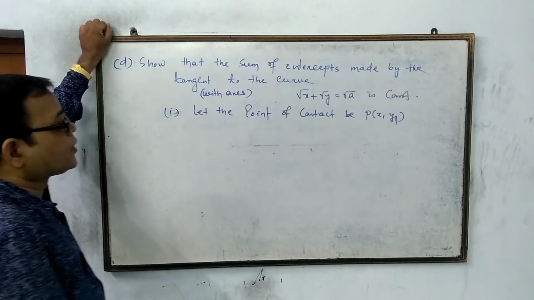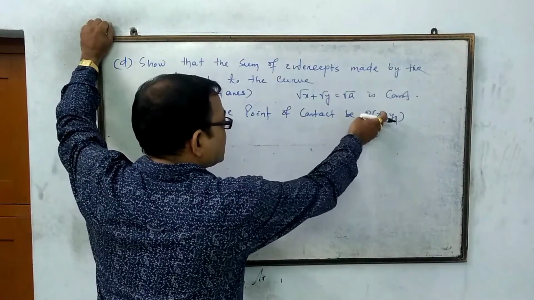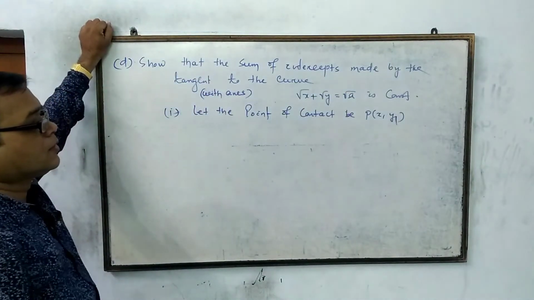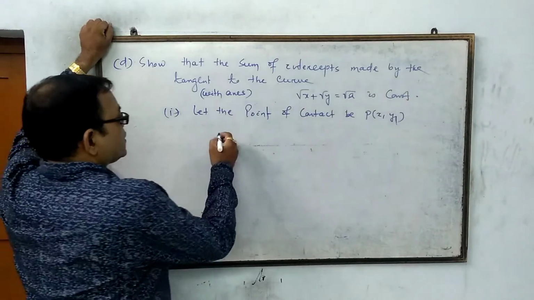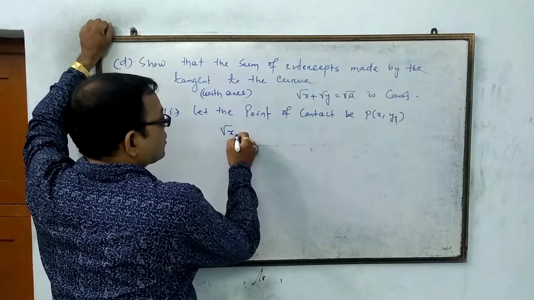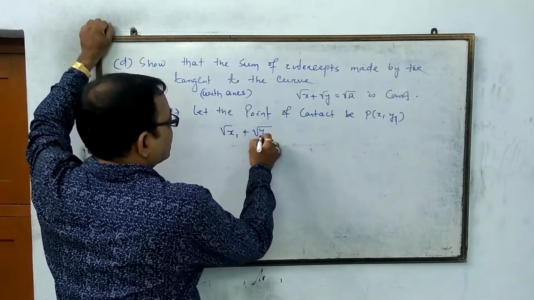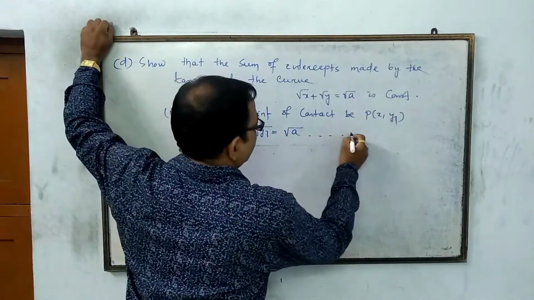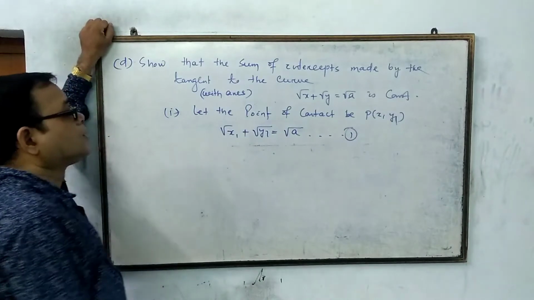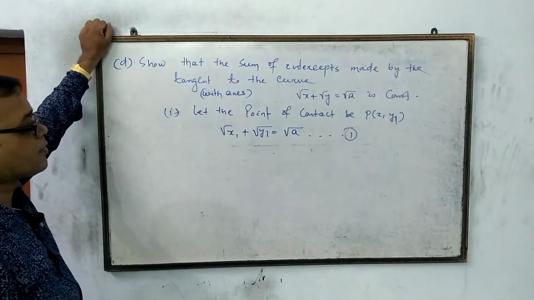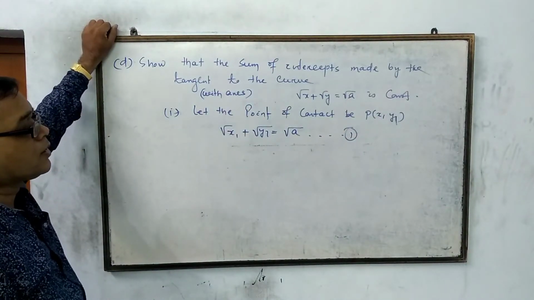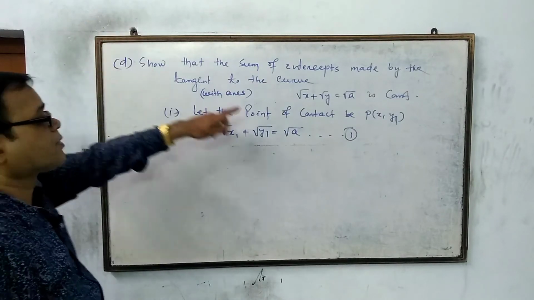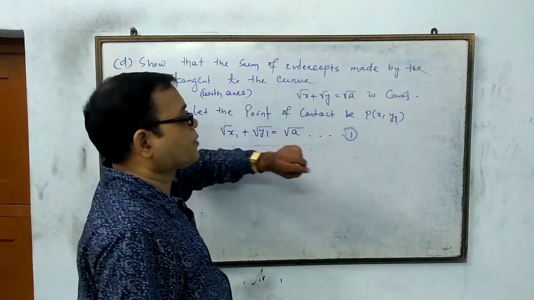Then the point of contact is this one, and this point is on the curve. That means root over x1 plus root over y1 is equal to root over a. Equation number 1. Point of contact means that point will certainly lie on the curve. So root over x1 plus root over y1 equal to root over a.